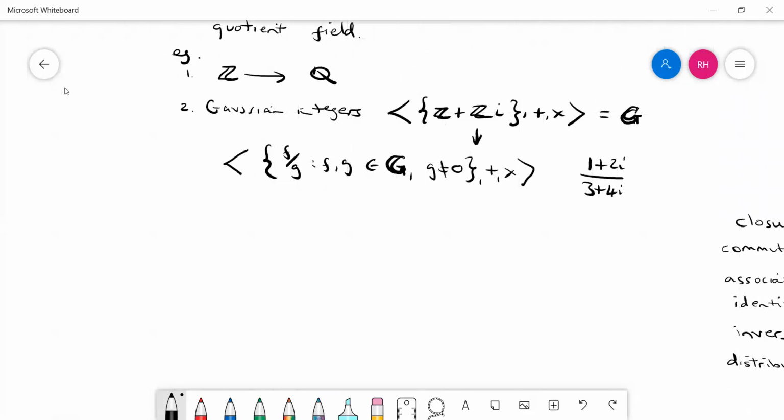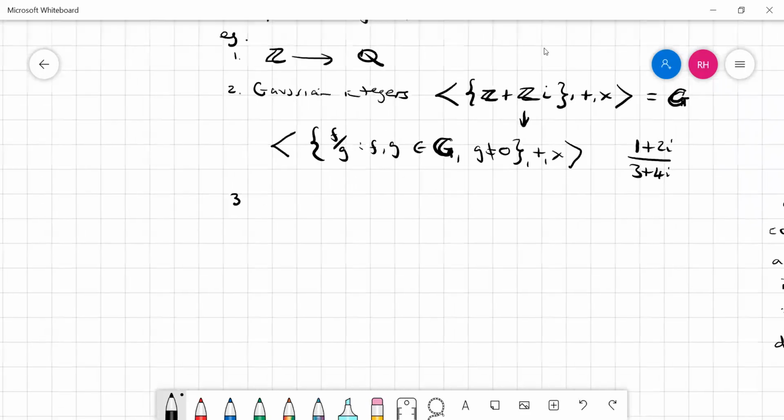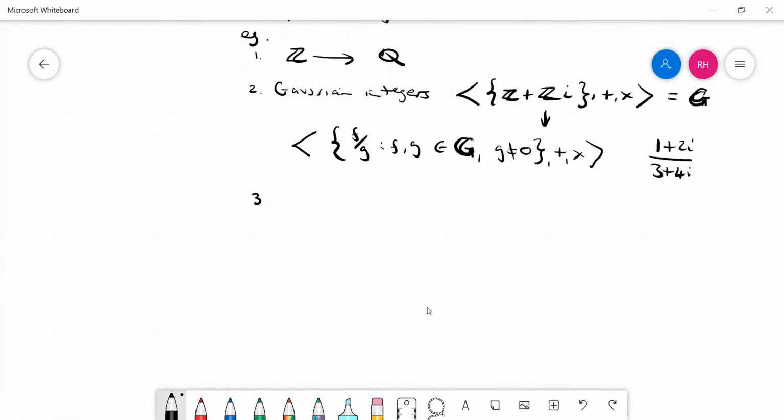The final one is very relevant to what we were discussing in some of the previous videos, and that's going from Z[x]. Remember, this was the ring of polynomials, and it's actually an integral domain as well.